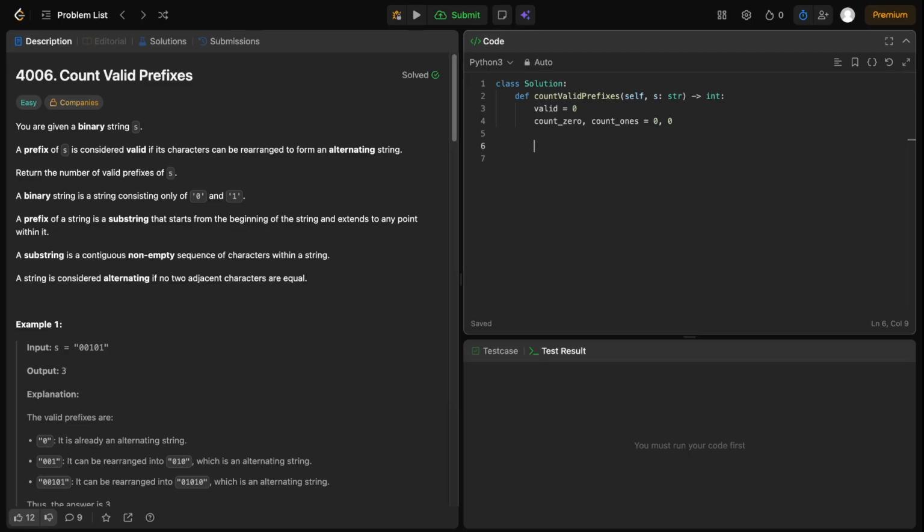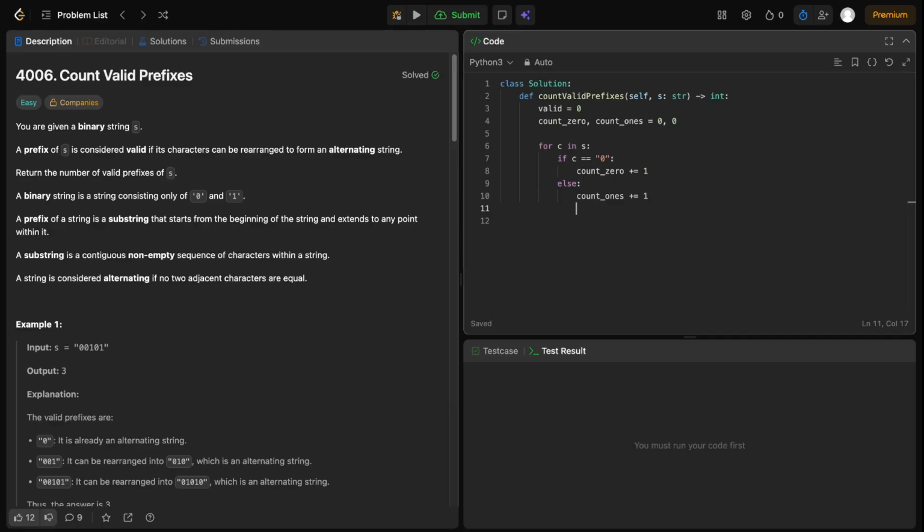Now we loop through each character in S. If my character is equal to 0, then we do count 0 plus equals 1. Otherwise, we know it's a 1, so count 1 plus equals 1.